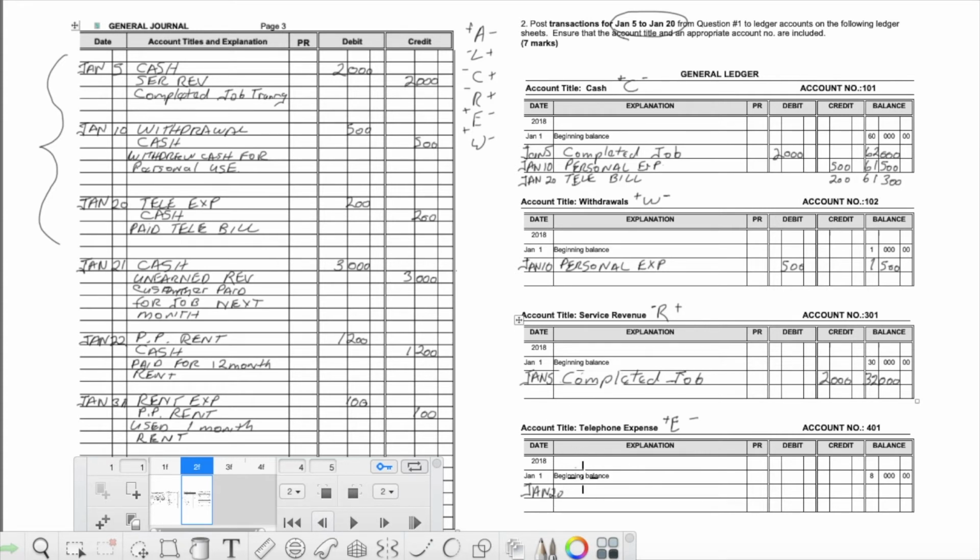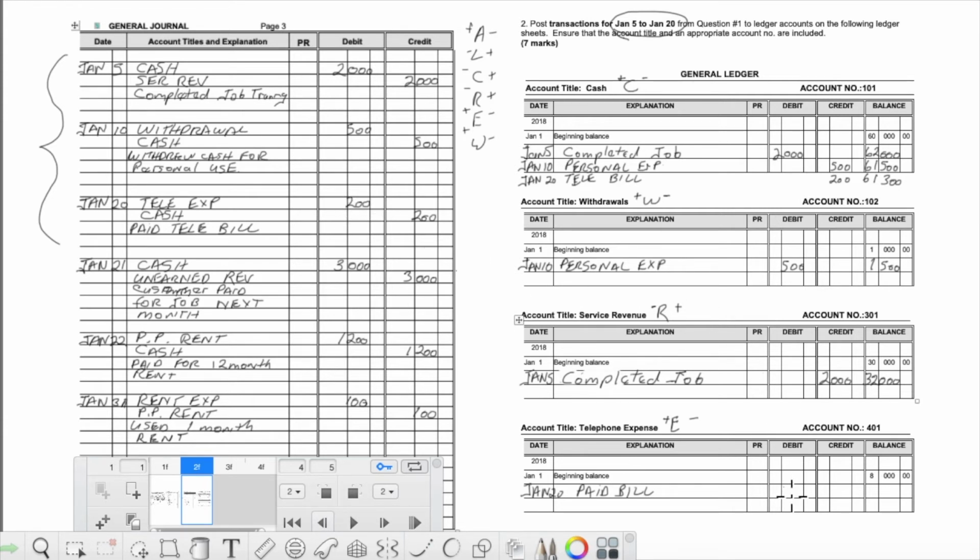Paid telephone bill. Paid bill. I don't need to write that it's a telephone bill because it's a telephone expense. We already know that in the title, right? And how much was the telephone bill? $200. The telephone bill was on the debit side, right here.